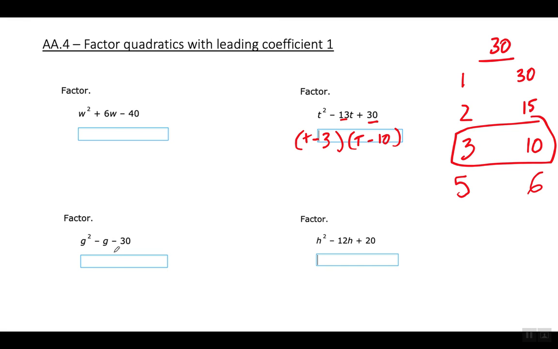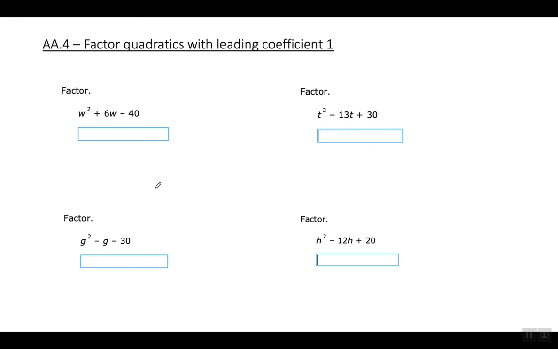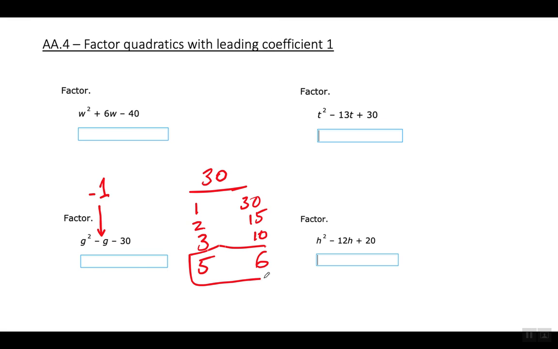Okay, over here, let's look at this one. Again, I need the factors of 30: 1 times 30, 2 times 15, 3 times 10, and 5 times 6. Now look at the number in the middle, which is negative 1. Aquí hay un negativo 1. So which combination, if I add them or subtract them, will give me a 1? It has to be the 5 and the 6.